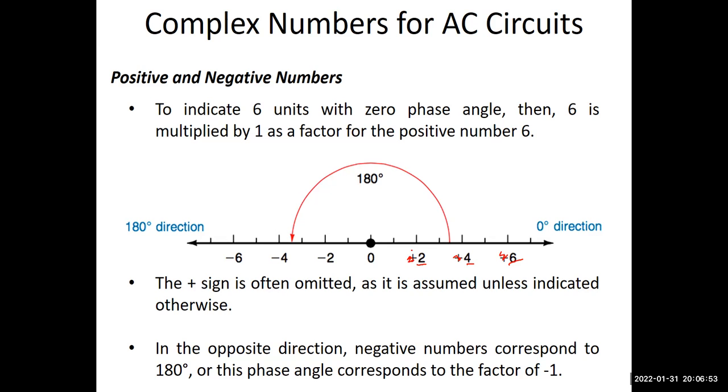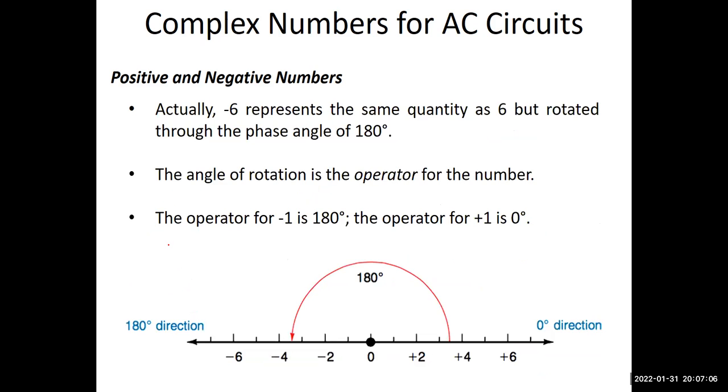Okay? So in the opposite direction, negative numbers correspond to 180 degrees, or this phase angle corresponds to a factor of negative 1. Actually, the negative 6 represents the same quantity as 6, but rotated through the phase angle of 180 degrees.